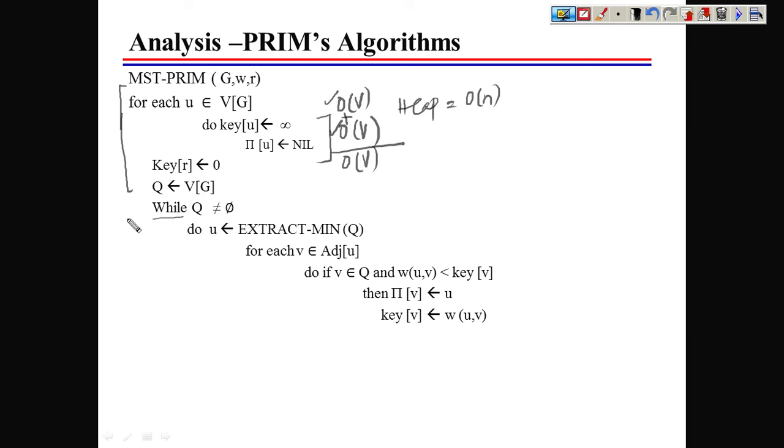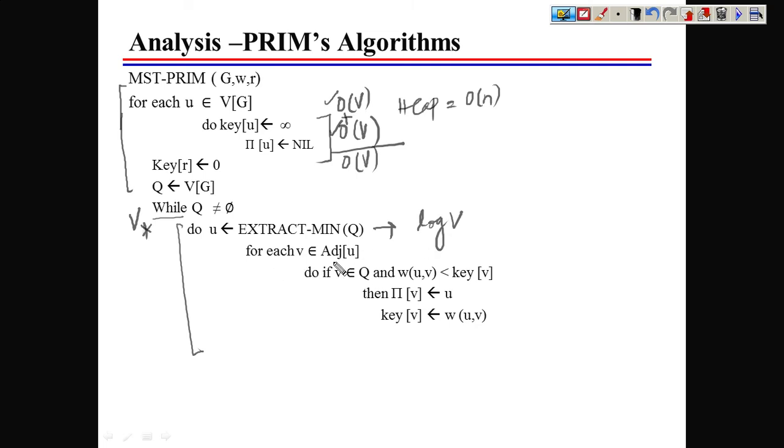So these operations are performed V number of times, and the cost of extract min is log V. We know the cost of extracting the minimum from a heap is log n, and here we represent n with V because we are working on vertices.